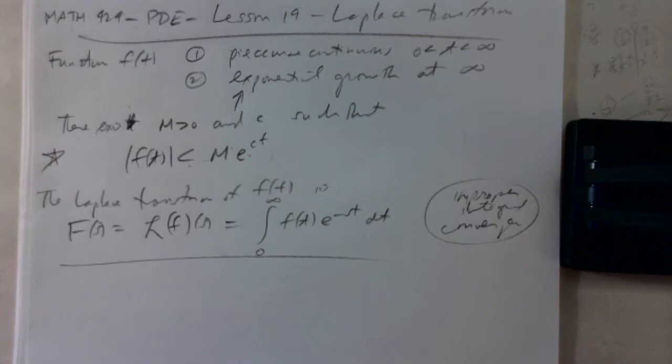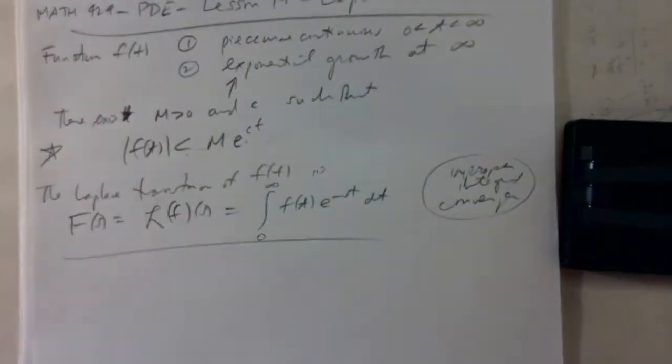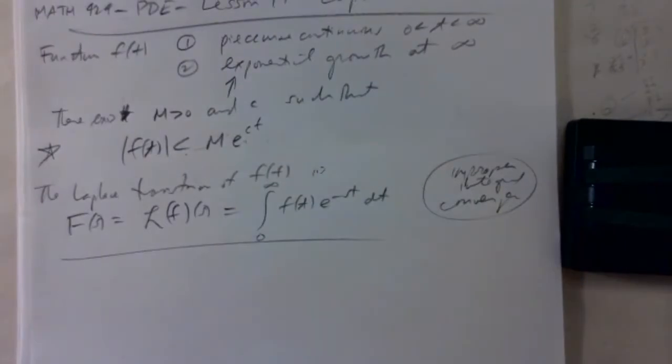Let me just review some of the properties of the Laplace transform that I proved on Wednesday of last week, and add a few more, and then give two examples of how we can use the Laplace transform to solve an ordinary differential equation, and to take a partial differential equation in two variables and reduce it to an ordinary differential equation in one variable.